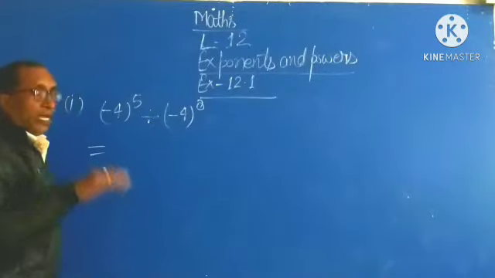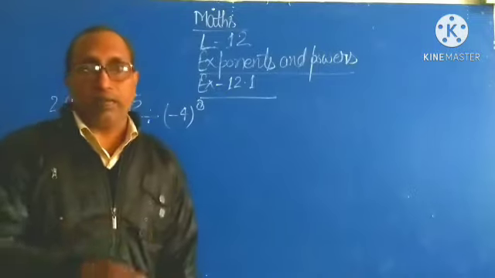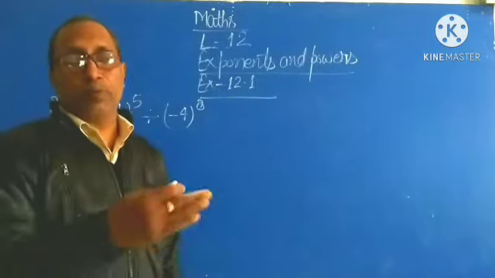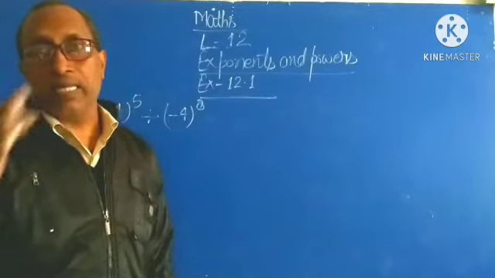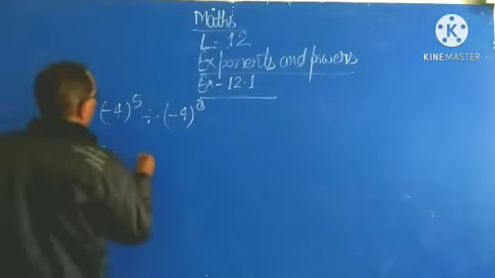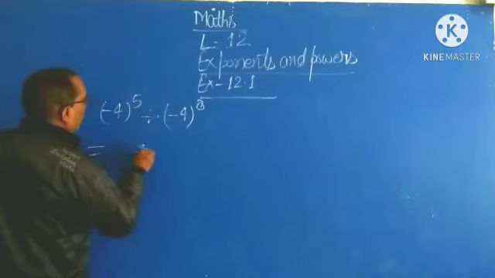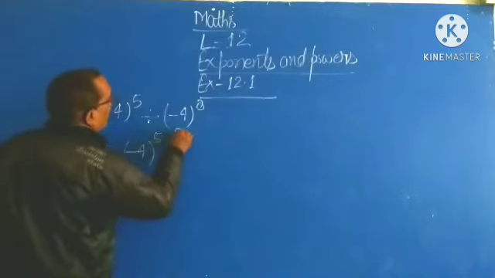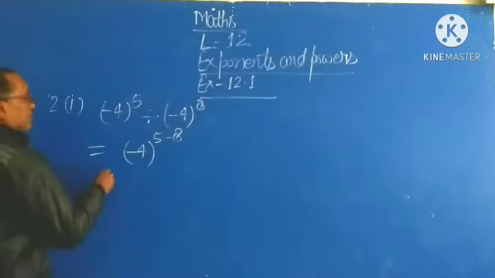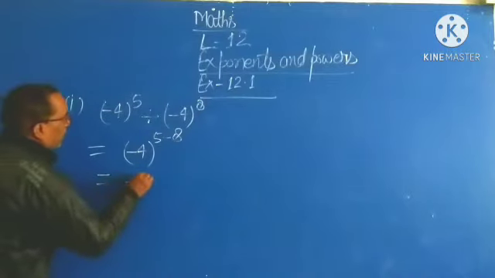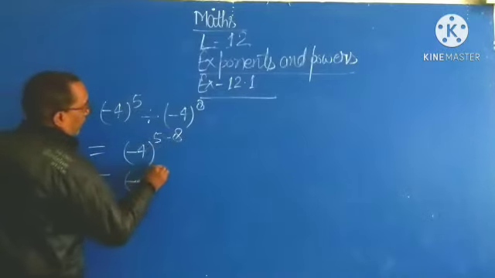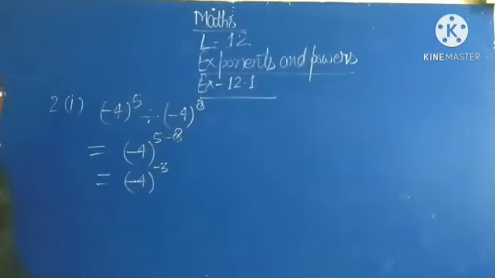Then we use a raised to power m divided by a raised to power n, that is a raised to power m minus n. Like this, you write minus 4 to power 5 minus 8. You get minus 4 to power minus 3.